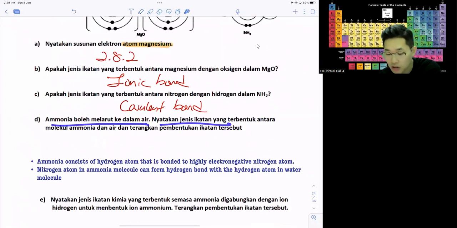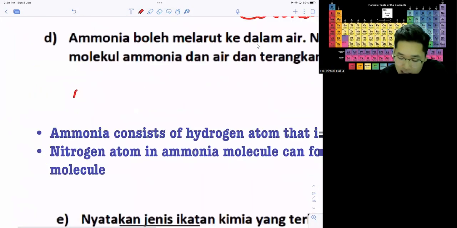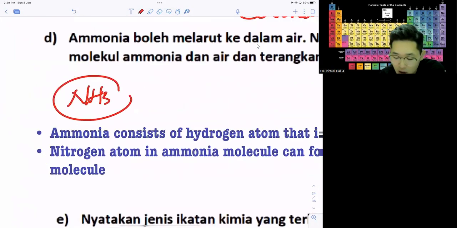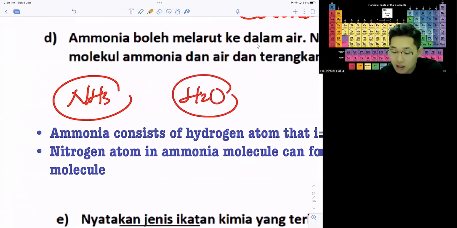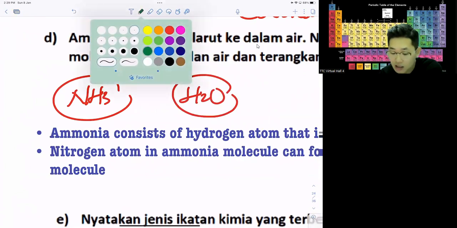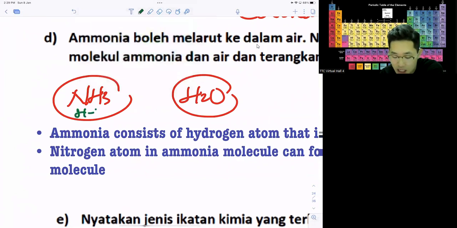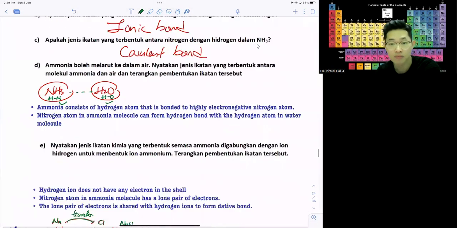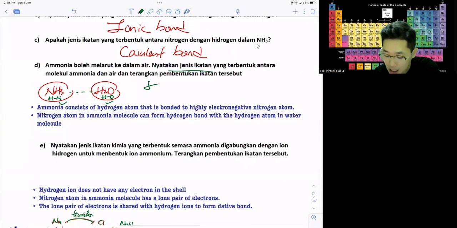Mean the type of bond. Ammonia is a molecule, a stable molecule. Water is also a stable molecule. And then in the molecule, they have their own handphone. This is HN. This one is HO. Got handphone, then they can call. This hydrogen bond.